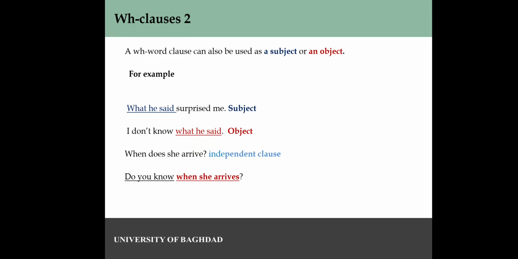And what do we have? We have the subject she and then the verb arrives. And if you pay attention, the auxiliary does is deleted from the sentence and we added the third person s to the verb arrive. What about the question mark? This is not for when she arrives. It is for do you know? A yes/no question. So try to pay attention to this structure. So do you know is an independent clause, while when she arrives is a dependent clause. It's a noun clause by itself.